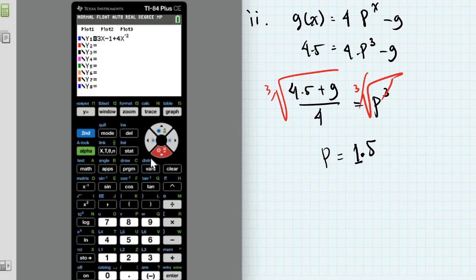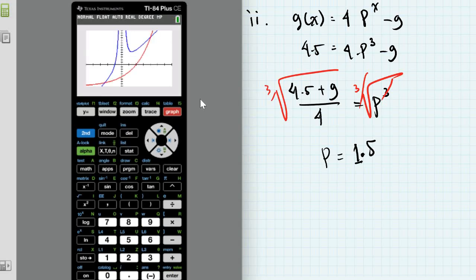Okay, so we have, what was the question? 4 times 1.5 to the power of x, minus 9. Okay, let's see whether we can see a horizontal asymptote. Okay, horizontal asymptote is this way, the horizontal one. Okay, I think we need to adjust the y a little bit.